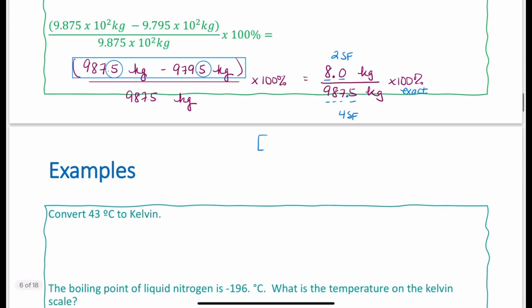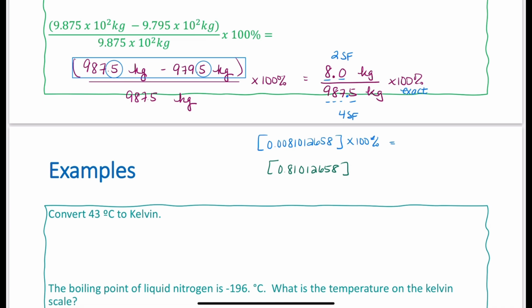I get a calculated answer of 0.008101268. It's a little excessive. Sorry, times 100. So I do the number first, then I wrote it down times the 100. If I do it times 100, I would have a number of 0.8101268. Let's think about our sig figs. My numerator has 2 sig figs after the subtraction.